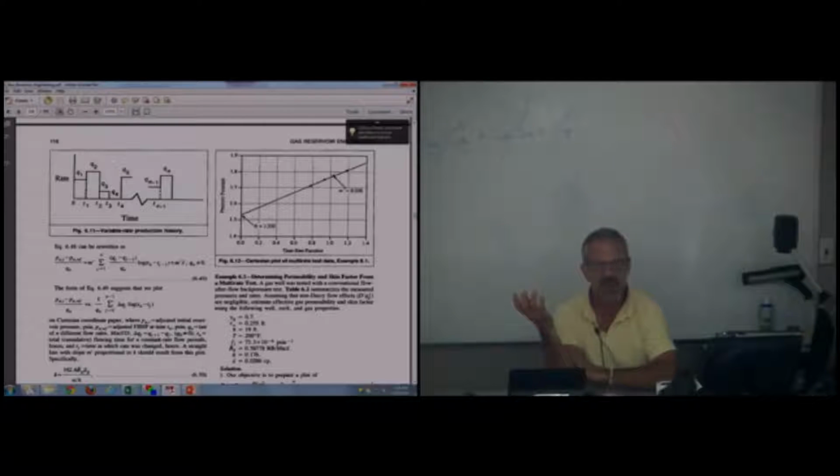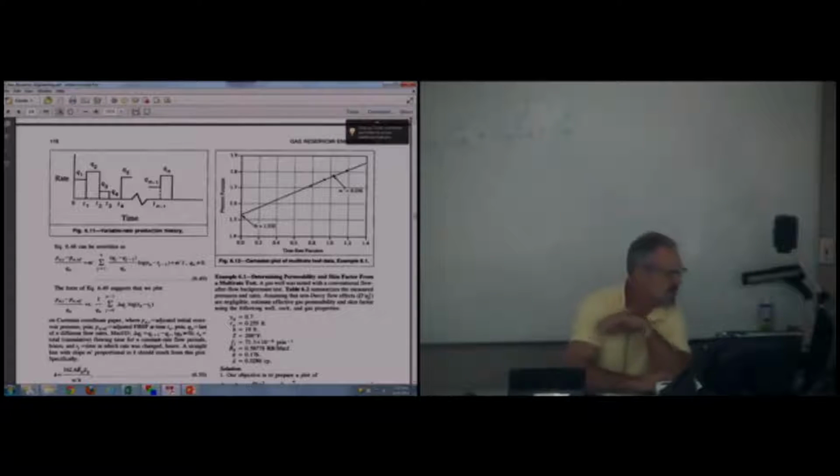We have, at different times we have different rates. We also have different pressures, but we have different rates. So we're going to solve equation 6.49. We're going to do this summation here.